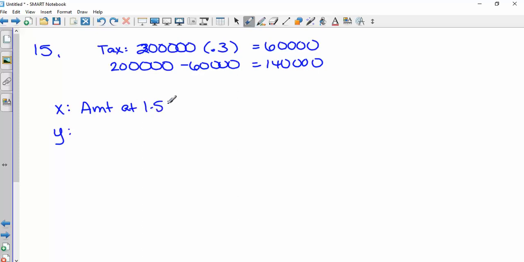So you have to define your variables. So X, I'm going to say the amount at the 1.5. Y would be the amount at 4%. And she earns $4,350 interest per year. So now we have to write some equations. What's my first equation going to be?